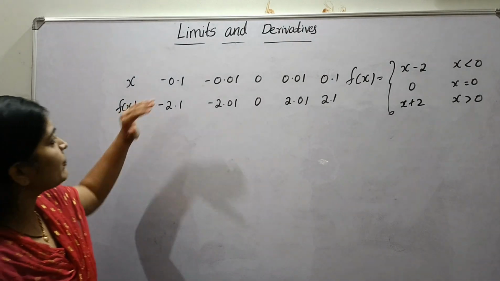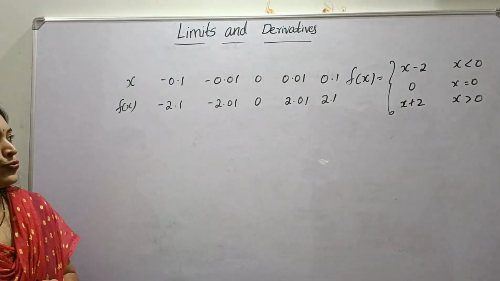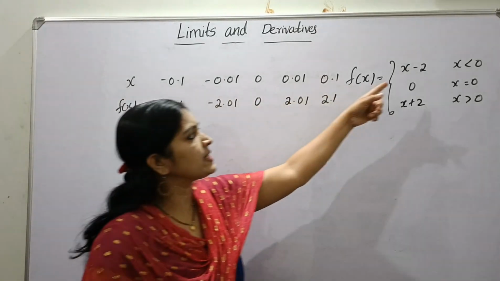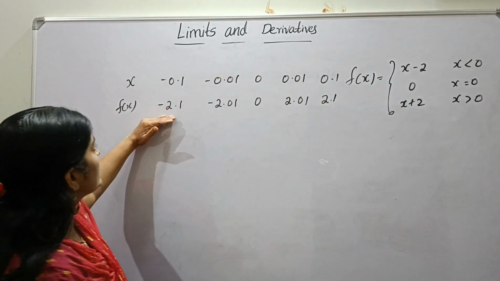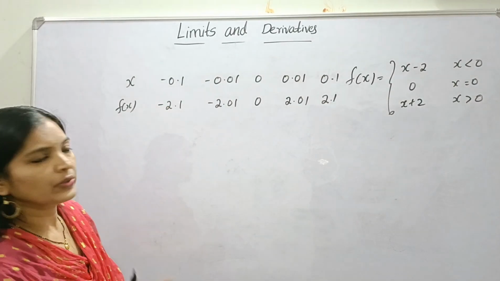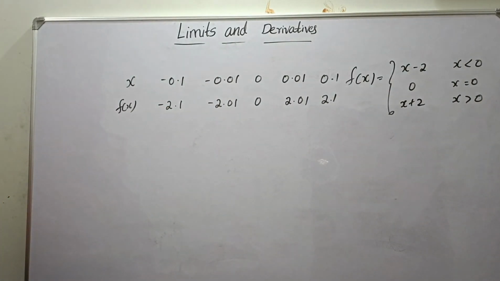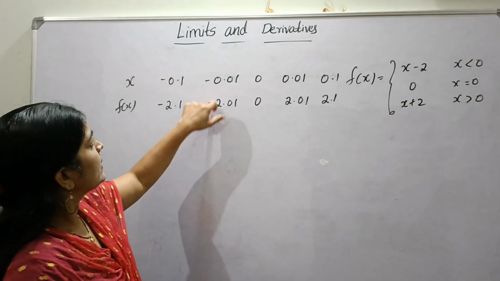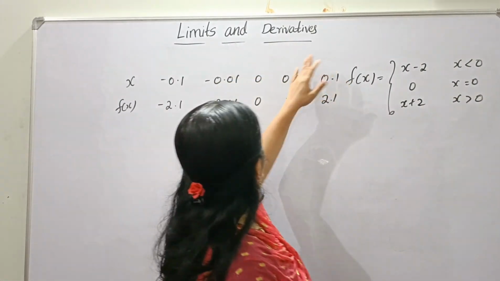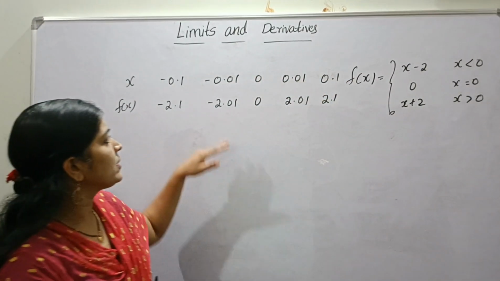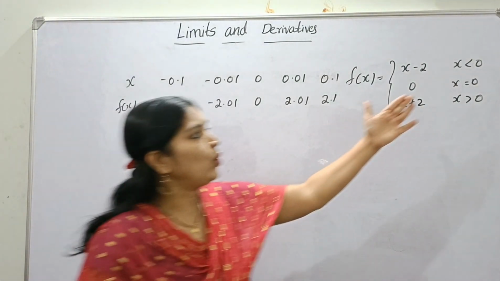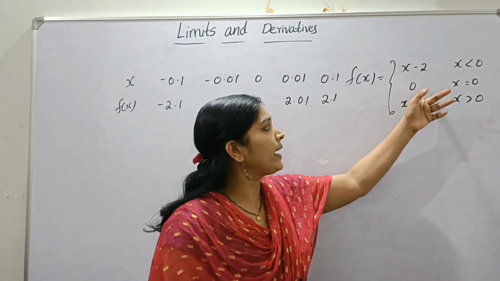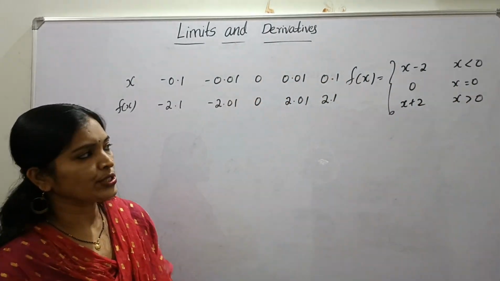When x is equal to minus 0.1, our f of x is nothing but x minus 2, substituting minus 0.1, so that is minus 2.1. Next, when x is equal to minus 0.01, the value is minus 2.01. When x is equal to 0, it is already given, right? So the f of x value is 0.